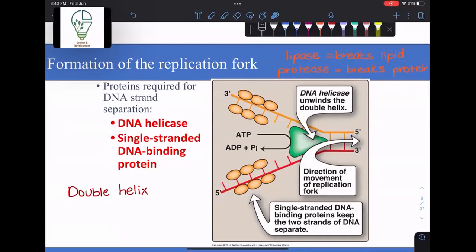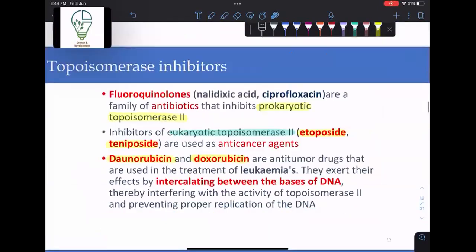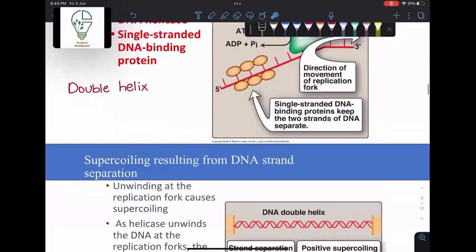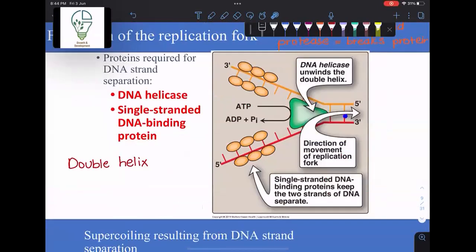So a DNA polymerase, which is now going to come and read this DNA strand, is going to read it from the 3 to 5 direction. So it will start reading it from here and it will go towards the 5 end, okay? It will attach here and read this way.